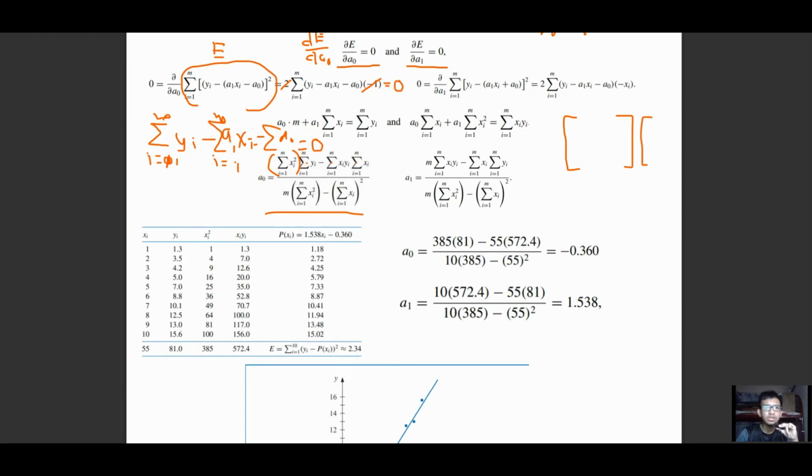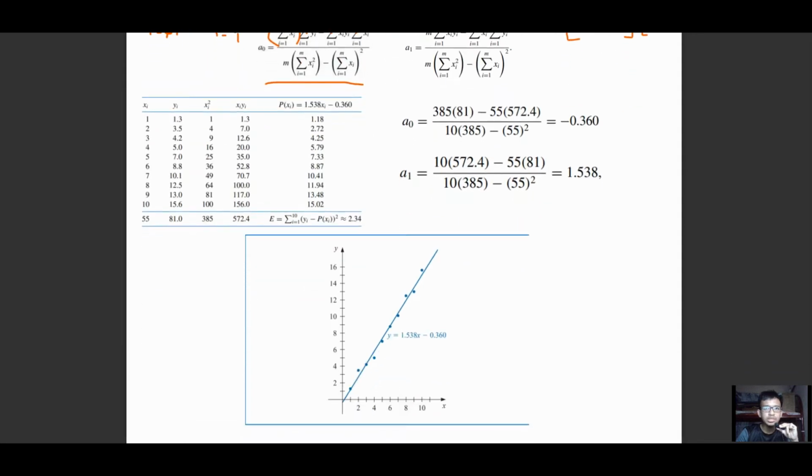So you do this accordingly, and you will get the coefficients for our polynomial, which is a0 equal to negative 0.360 and a1 is equal to 1.538. And also we calculate the error here, which is equal to 2.34, and this is the result. We have y is equal to a naught plus a1x.